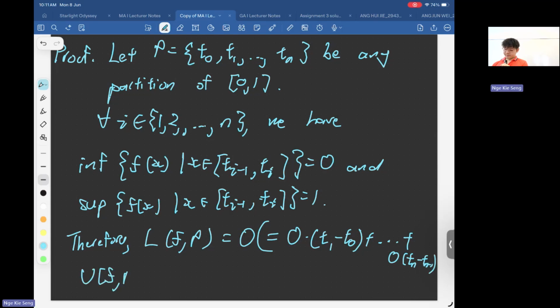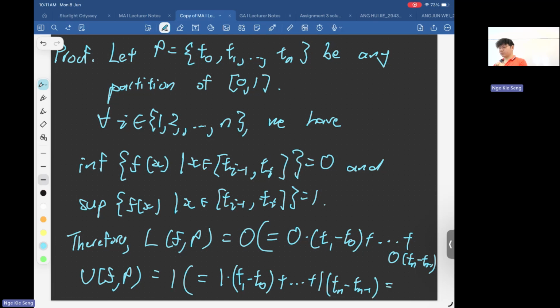But then UFP will be 1, because it is 1 times (t1 minus t0) plus up to 1 times (tn minus t_{n-1}). This adds up to 1 because it's the length of your interval. Does it make sense?